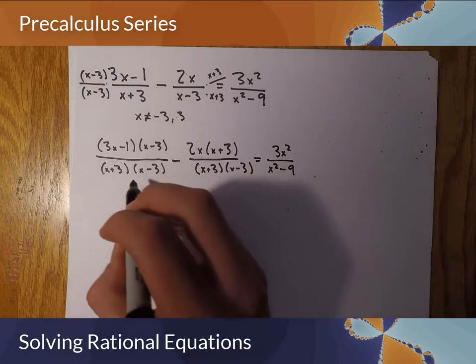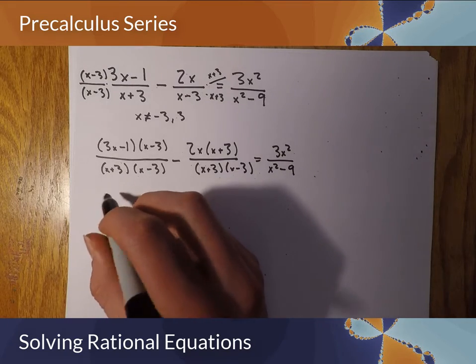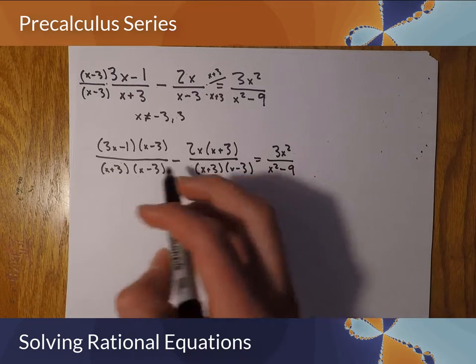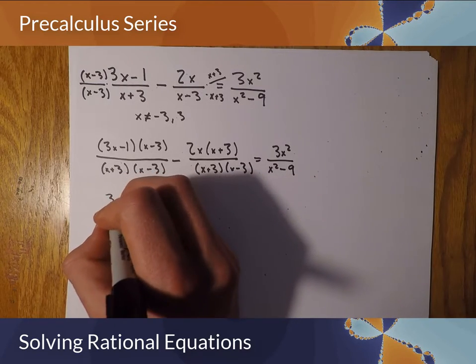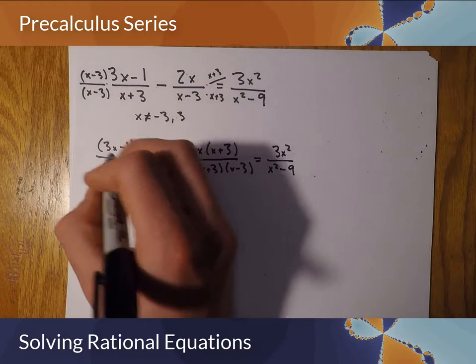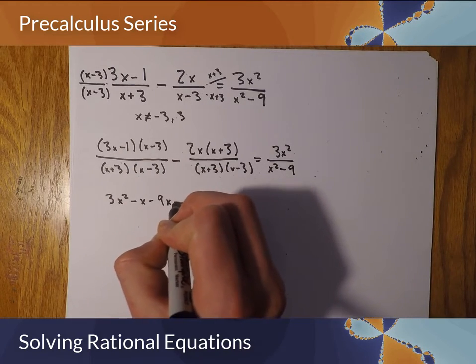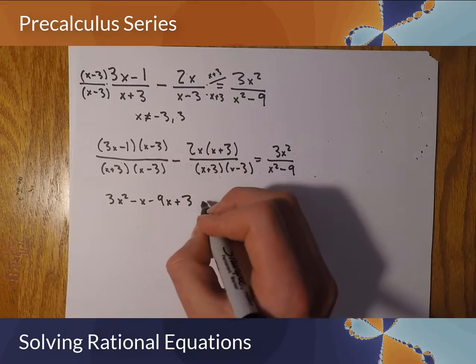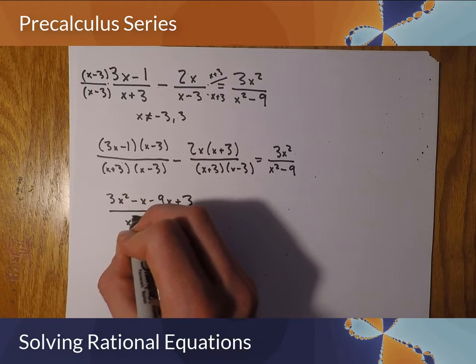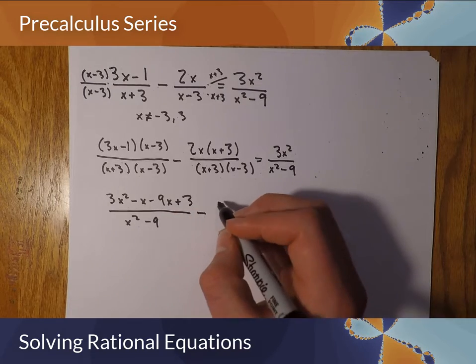And so now what you can see here is that we now have the same denominator. So we can just expand this out. So we have 3x squared minus x minus 9x plus 3, and this is over x squared minus 9. Hey, this looks nice.